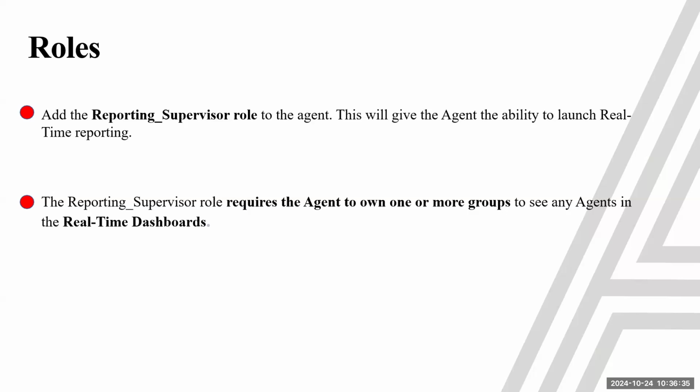The agent is not going to be able to see other agents unless we also include that agent as an owner of a new group that we will need to create. You know that the supervisors will need to own the group where the agents are going to be members in order to be able to see those agents' information.